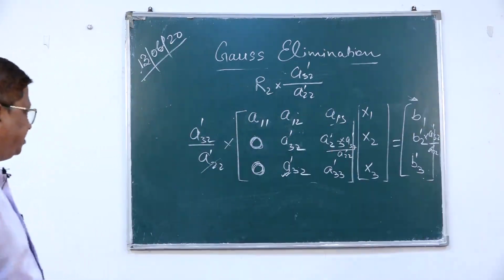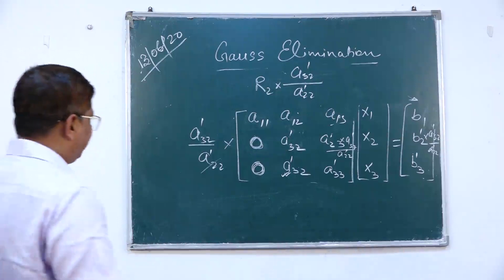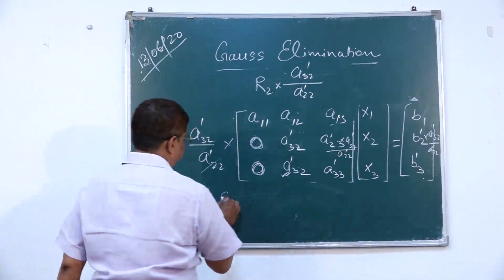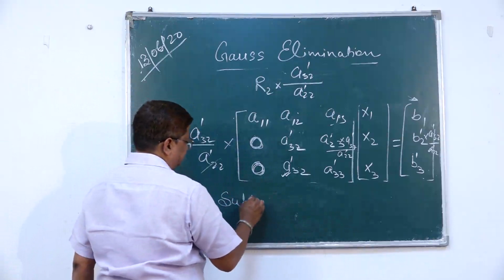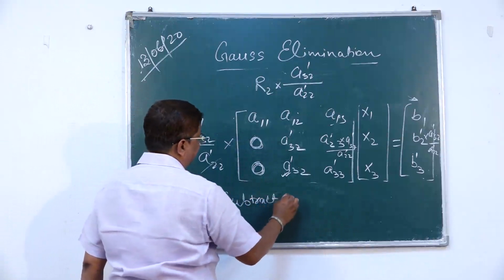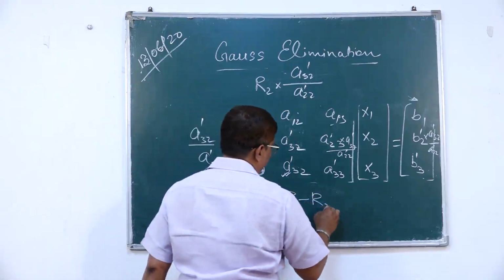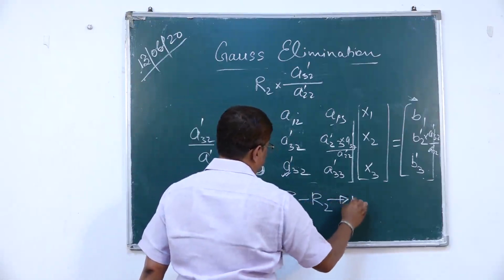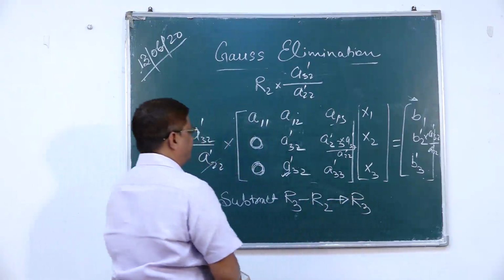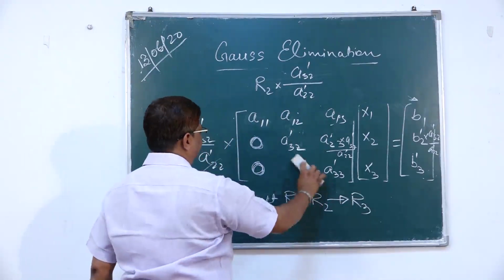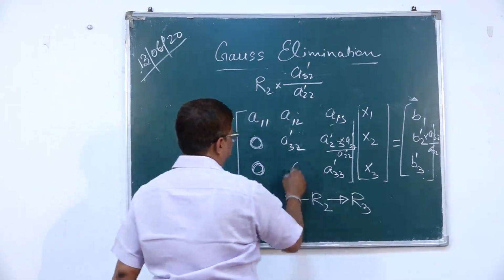Then subtract R3 minus R2. The affected row is nothing but R3, and we have got the last 0.